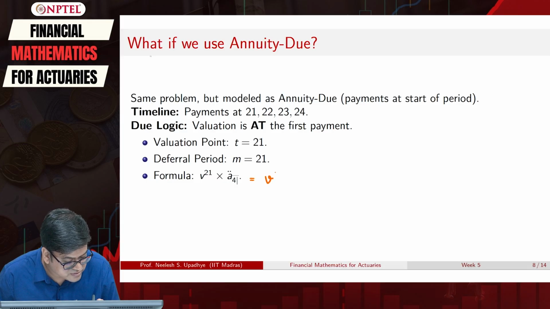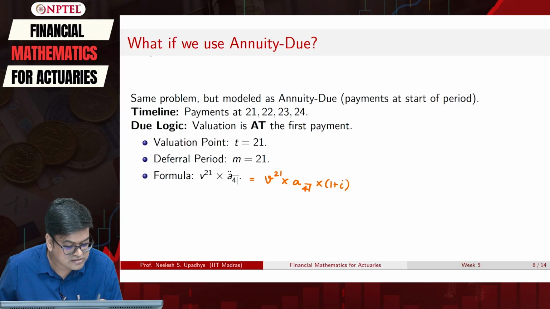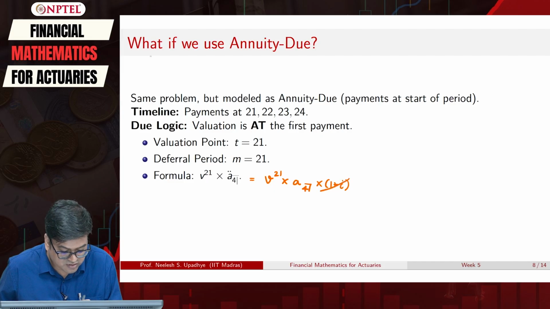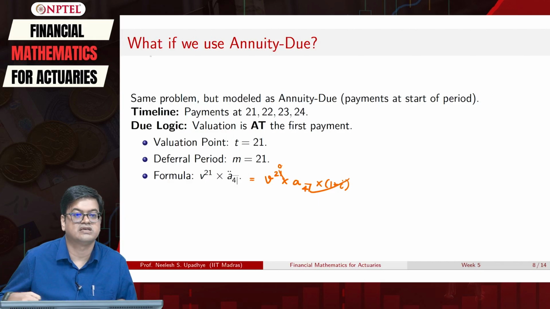So, this is V raised to 21 into A angle 4 into 1 plus I, right. What is 1 plus I? 1 plus I is 1 by 1 upon V. So, it will cancel this off and it will make this V raised to 20, okay, and again I am back to the same square one, correct.